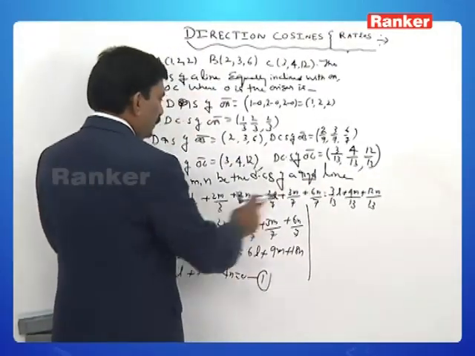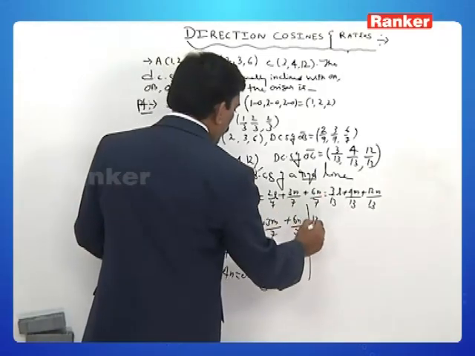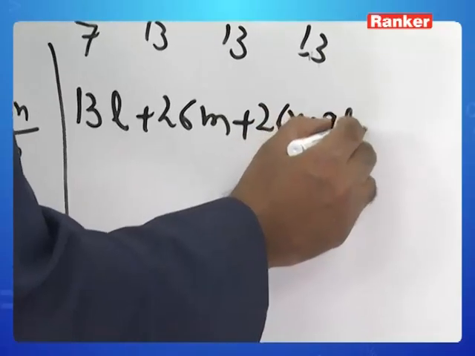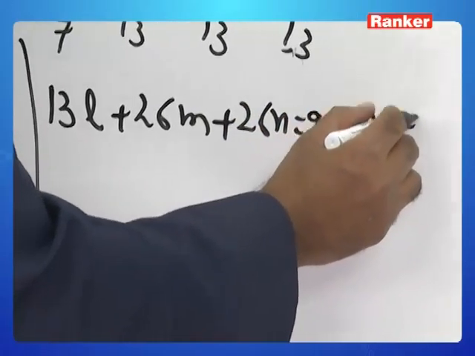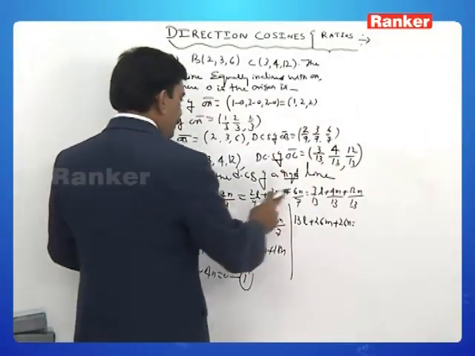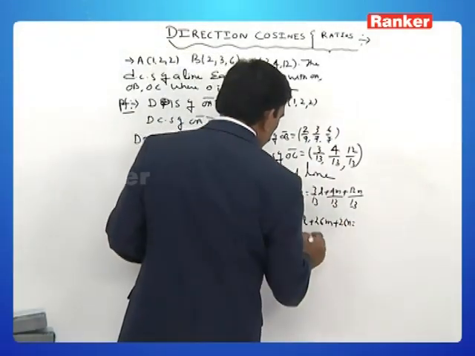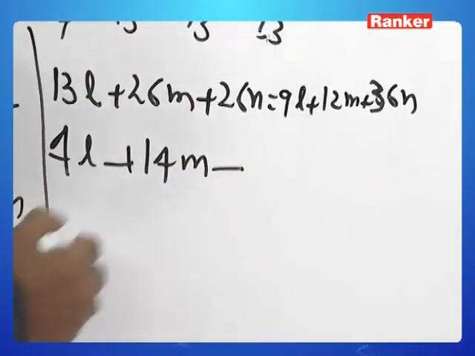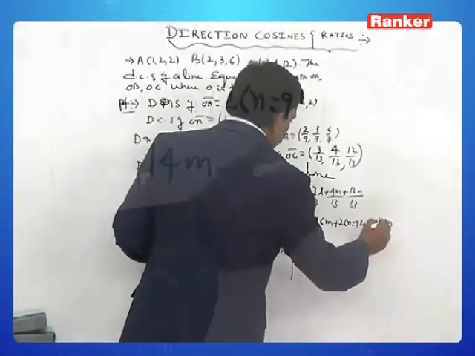First and third, so therefore 13L, next 26M, next 26N is equal to 3 into cross multiply. This is 9L is equal to 9L plus 12M plus 36N.